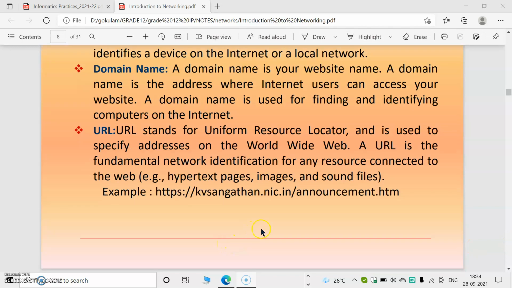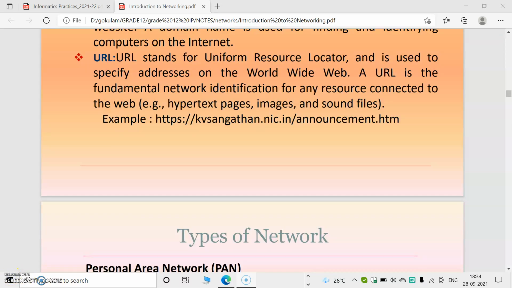Next is URL. URL means Uniform Resource Locator. And if we are using www, www means World Wide Web. By using a URL, we can locate the resource. That means it is the fundamental network identification for any resource connected to the web.